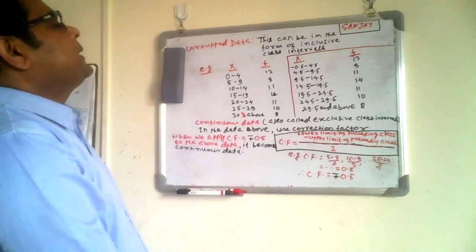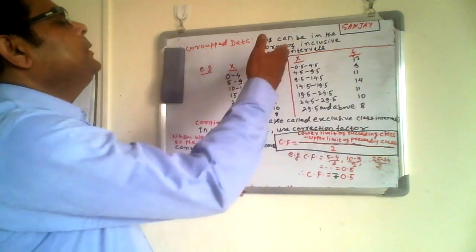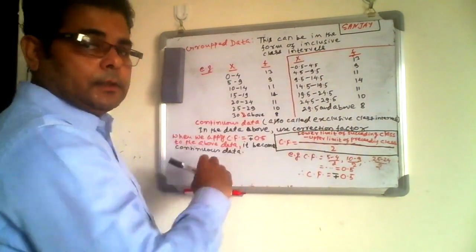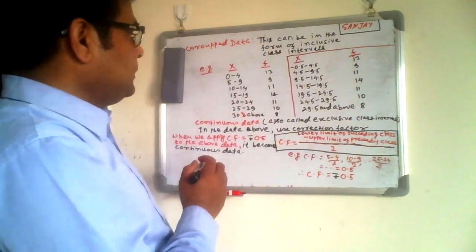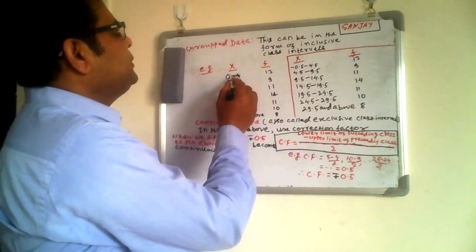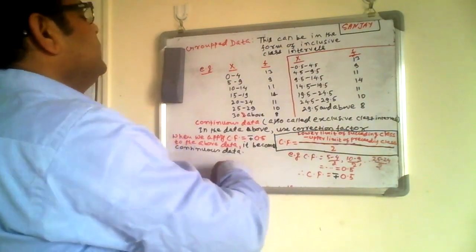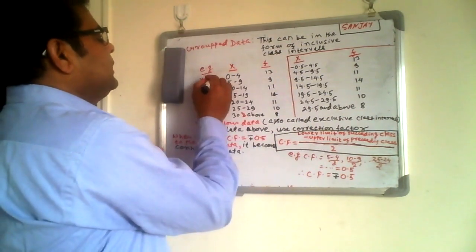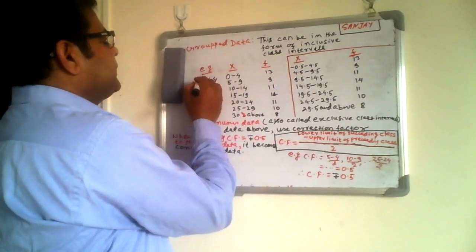So the grouped data, in general, can also be called inclusive class intervals. Why is it called an inclusive class interval? When you go from 0 to 4, it means x is less than or equal to 4 and greater than or equal to 0.